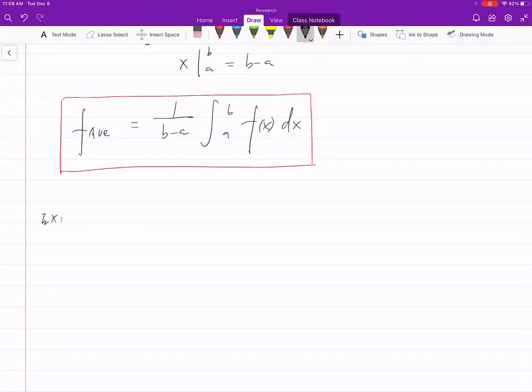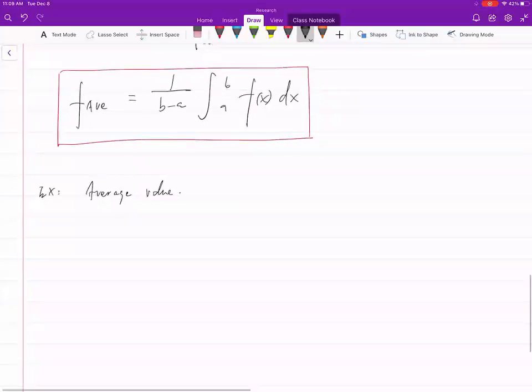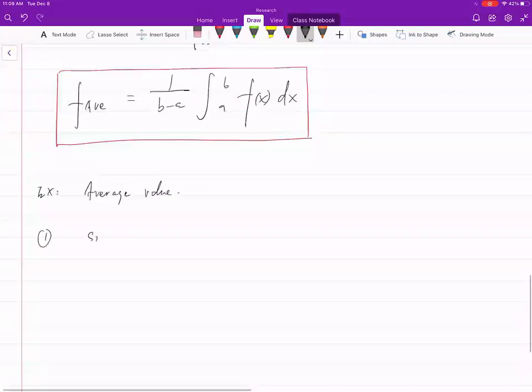Let's try several examples. First one, the average value of sin x on 0 to pi.